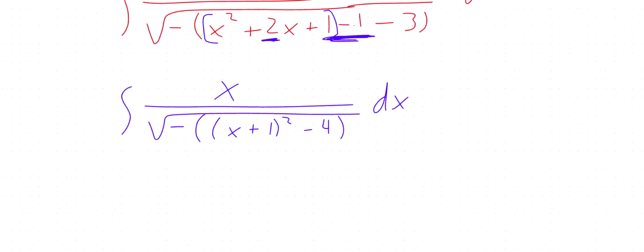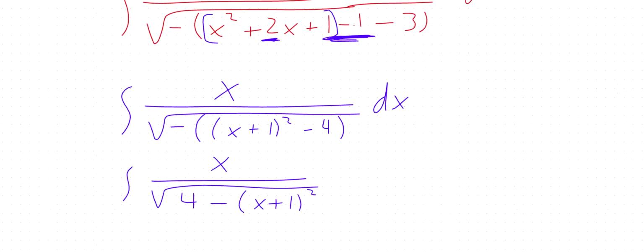And now if we distribute this, let's distribute that negative back in, 4 minus x plus 1 squared. So a little bit of a roundabout way of getting here.